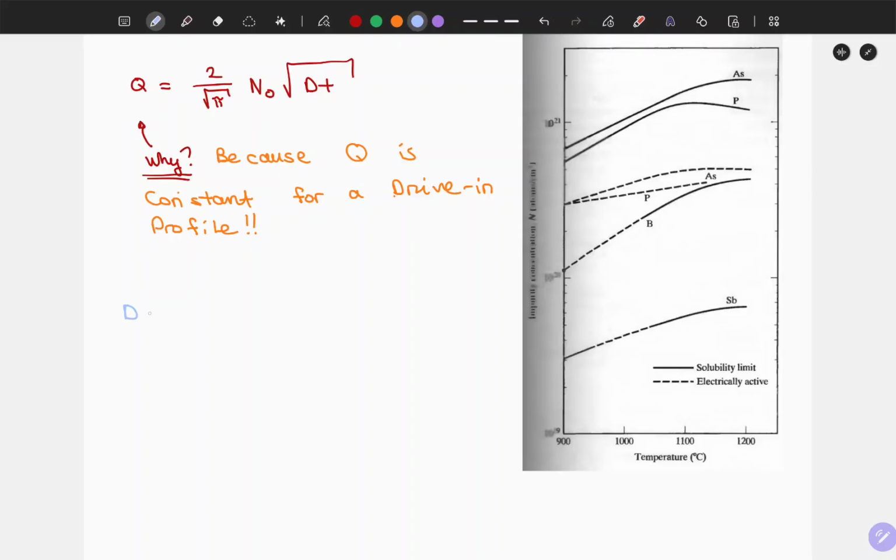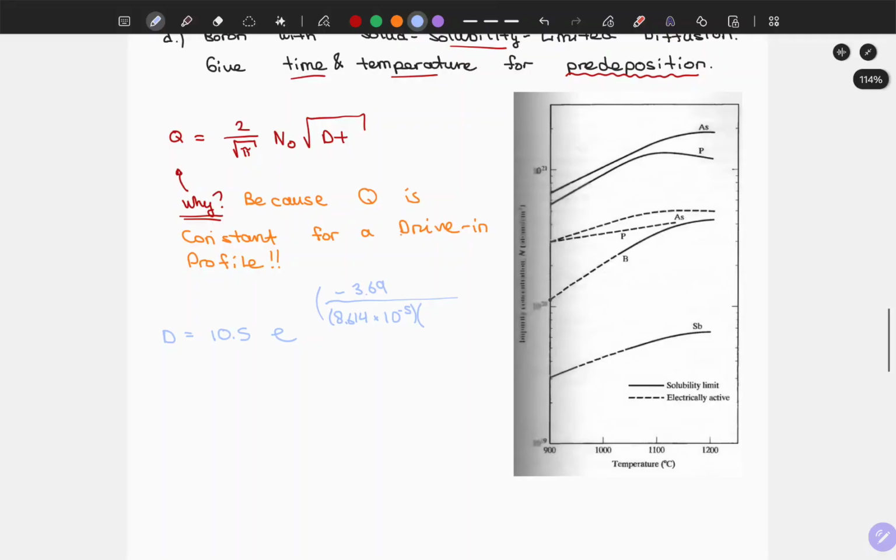and we could solve D is equal to 10.5 e to the negative 3.69 over 8.614 times 10 to the negative 5 times T. And in this case, we have to actually choose either a time or a temperature and look at the other component.